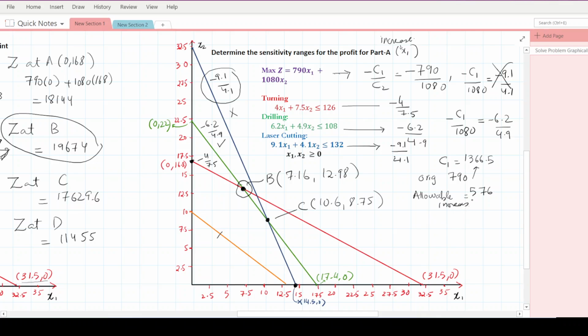And while calculating the minimum value of C1, we will keep the slope, we will keep the C1 at its value, and then 10 divided by 1080, this is equal to the slope of the flatter constraint, because we know when the value of the coefficient of x1 decreases, the objective function line becomes flatter.